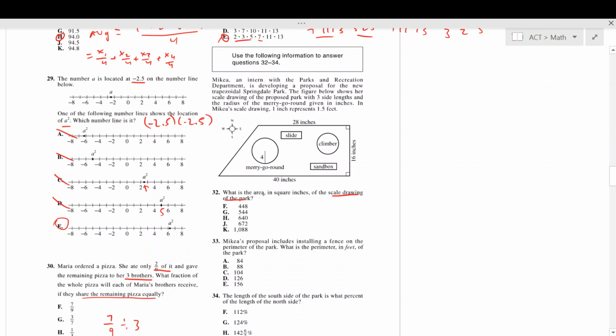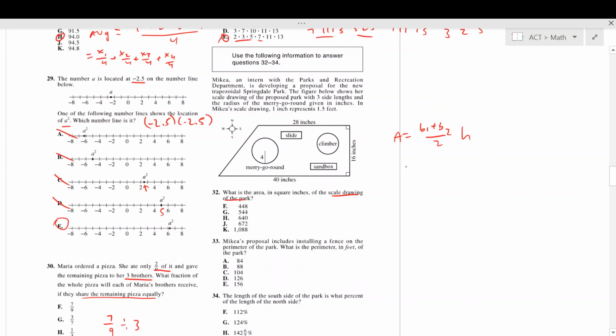So whenever I see this word scale, I'm just going to keep that in mind. Anyway, to do this question, what is the area of the scale drawing of the park? We can see this is a trapezoid, right? Two parallel sides, and these sides aren't parallel, so it's a trapezoid. The area of a trapezoid is base 1 plus base 2, divided by 2, times the height.